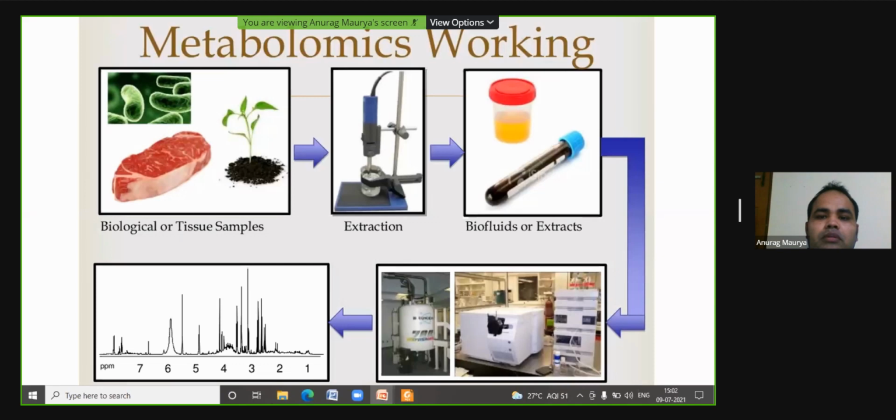And considering that, when you go through this process, two main approaches of metabolomics have been classified. One is untargeted, another is targeted. As the name suggests, untargeted is meant for discovery. Suppose you don't know the metabolomic profile of, suppose, humans in a certain condition, maybe pollution.